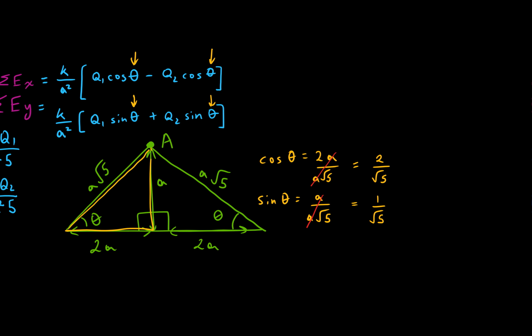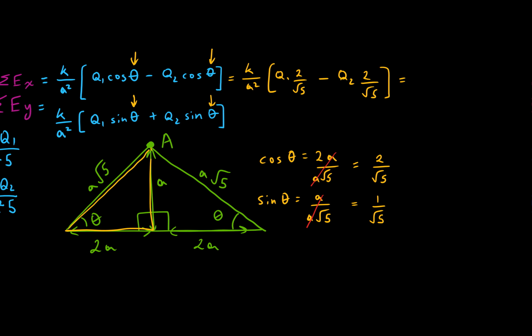So let's go plug these guys in here. So we see k over a squared multiplied by q1 times 2 over the square root of 5 minus q2 times 2 over the square root of 5.